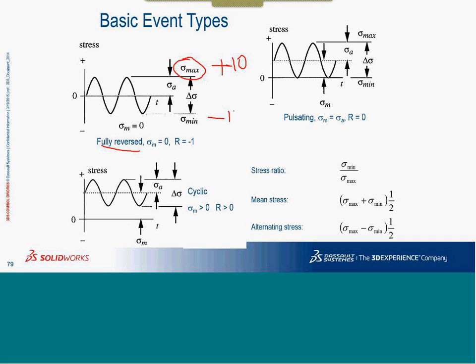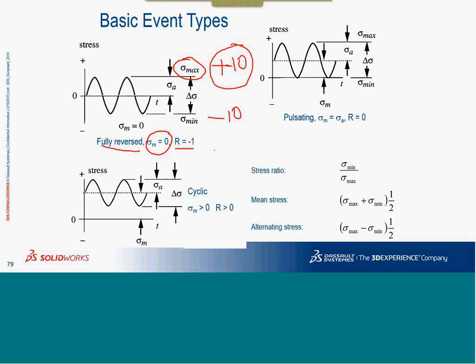Minus 10 is not from a static analysis which is done. It is done only for this. We are selecting this, and the mean stress is used. In one way, the mean stress for such a case becomes 0, and there is a multiplication factor, which we'll discuss a bit later in the software, but this is the way a fully reversed event looks.